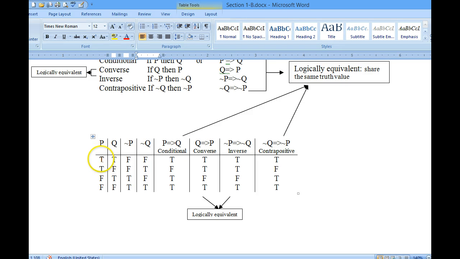Okay, so if I have true, true, let's talk about the conditional first. So I have if P, then Q, it's true, the conclusion's true, the whole conditional statement is true. The next one, if P, then Q, true, conclusion, false.